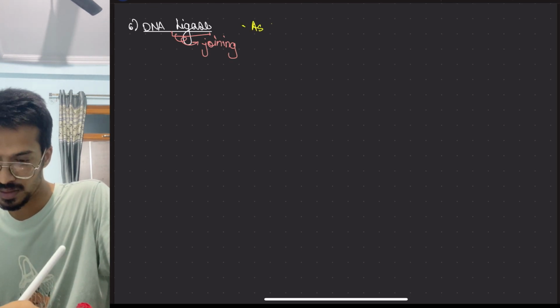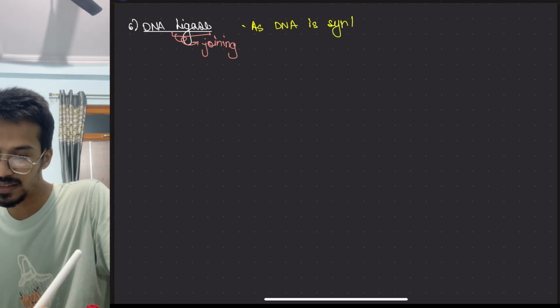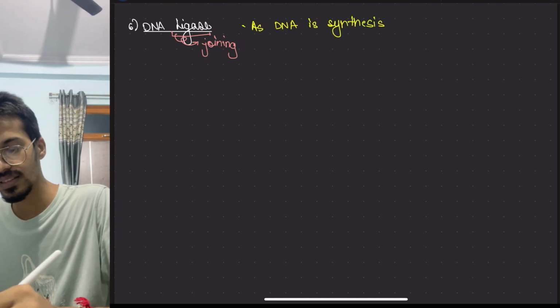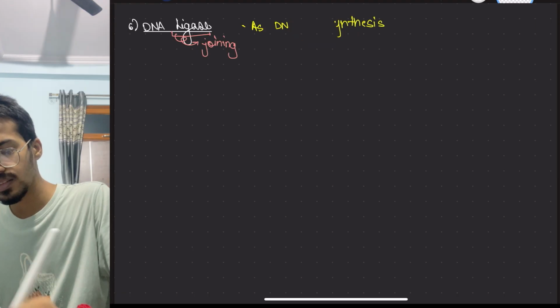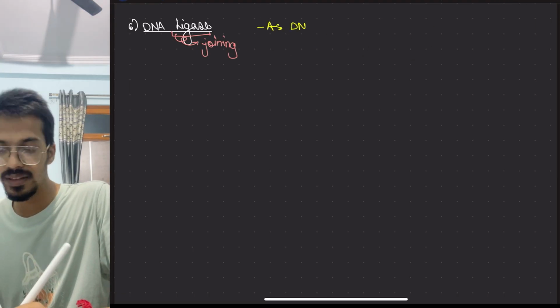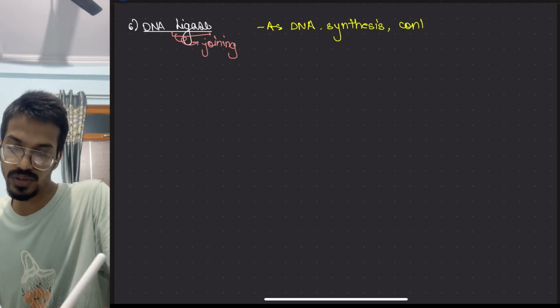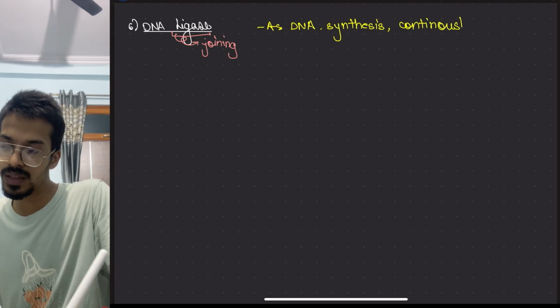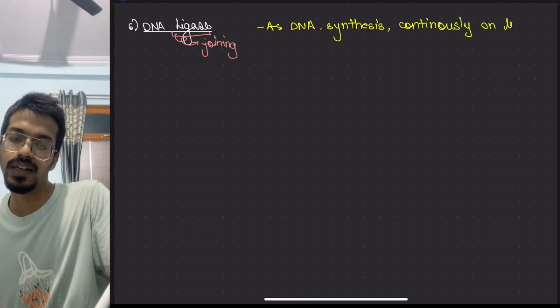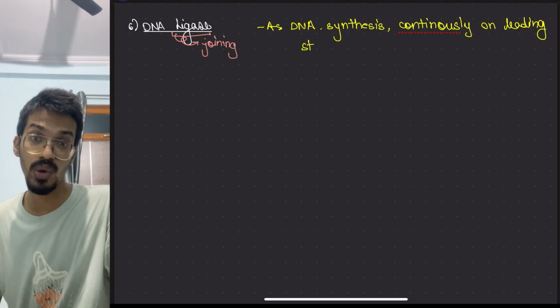As DNA is synthesized, it synthesizes continuously on one strand, the leading strand. We call it leading because it leads and doesn't have any extra work to do.